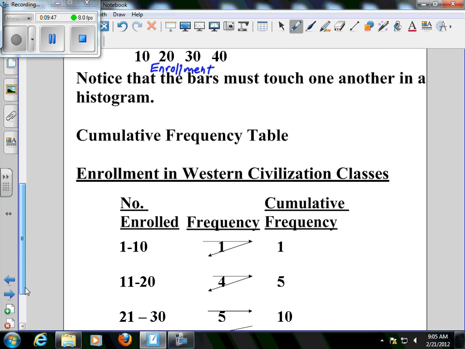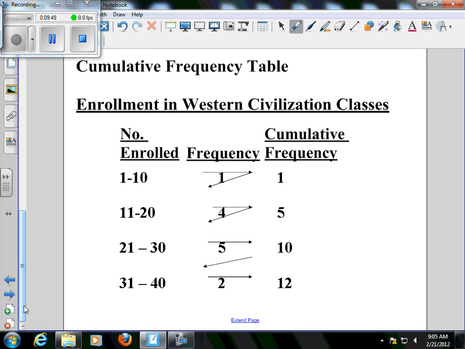Now, a cumulative frequency table. This is a frequency table, but we're going to keep tallying up our frequency. Okay? Now, again, we're taking our data from enrollment in Western civilization classes. The first two columns are identical to what our other frequency table looked like.